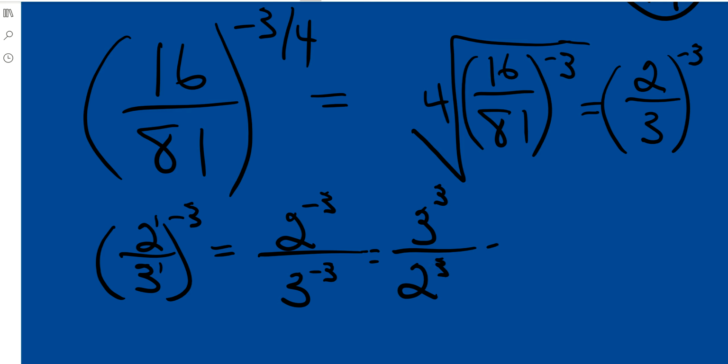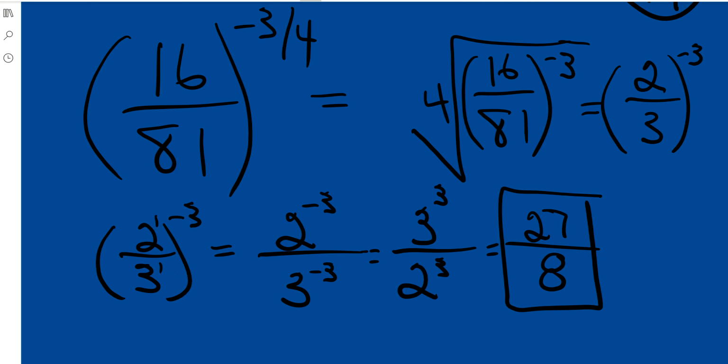Okay, and now I can just figure out what is 3 to the third power, which is 27, over 2 to the third power, which is 8. So this breaks down and ends up being 27 over 8. Okay, so we're just simplifying these from the rational exponents, not from the index numbers or the cube roots or any other roots, really. All right, let's do one more example in practice problems in number 7.